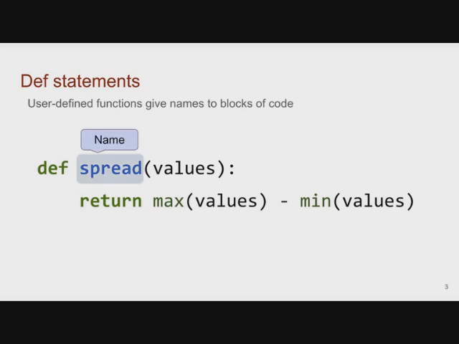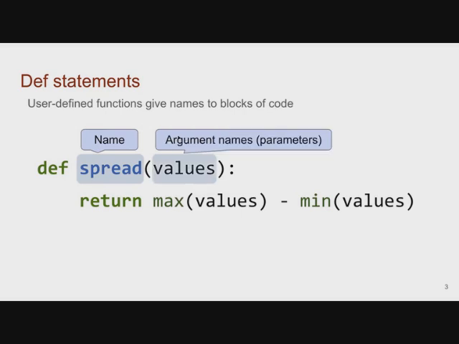All functions have a name, and that follows the function definition. And functions may or may not take arguments, okay? Argument names go inside of the parentheses. If your function doesn't take any input, any arguments, you'll still have the parentheses; there just won't be anything inside of them.